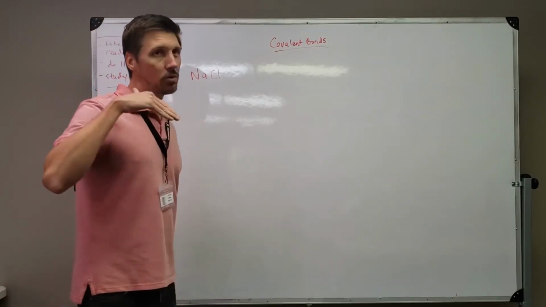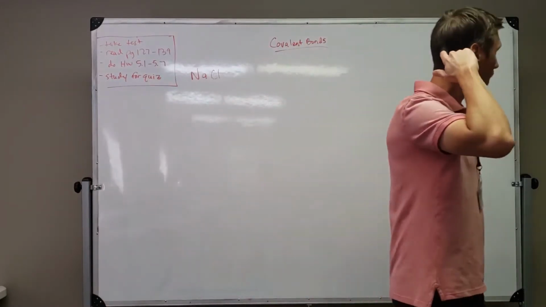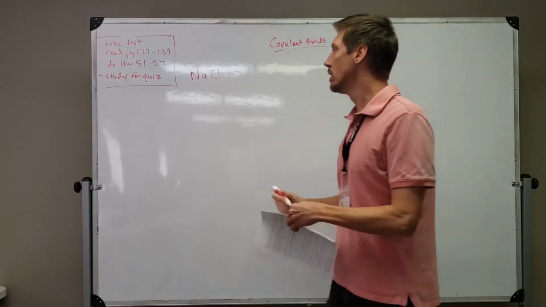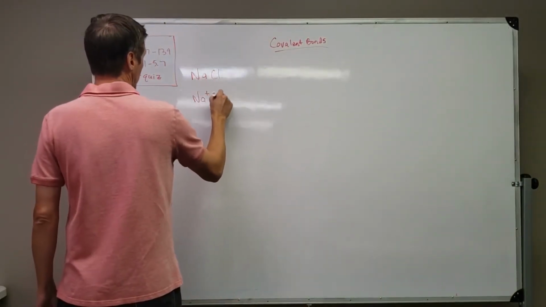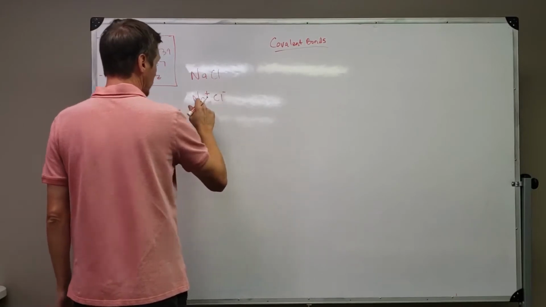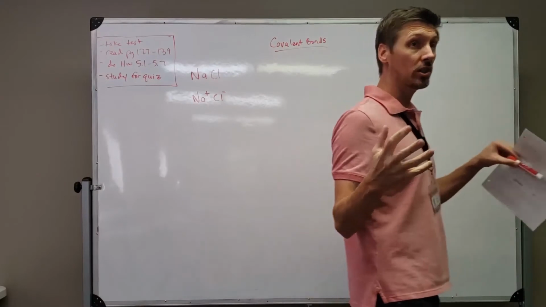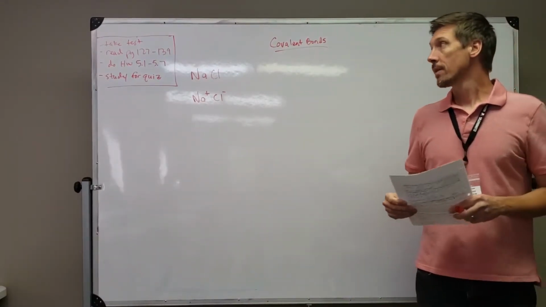So Na wants to get rid of its one electron to become ideal, and Cl wants to gain an electron to become ideal. And so these Na and Cl become Na plus and Cl minus, right? This becomes positively charged, this becomes negatively charged. And so it's those opposite charges that hold that compound together, right?